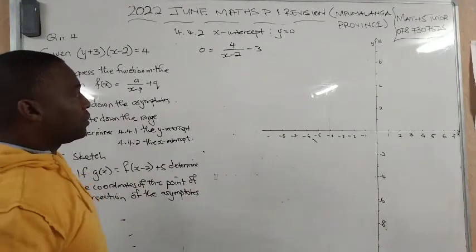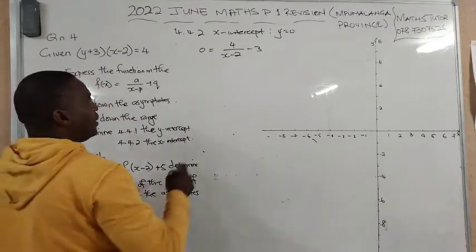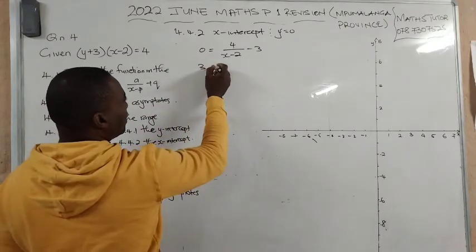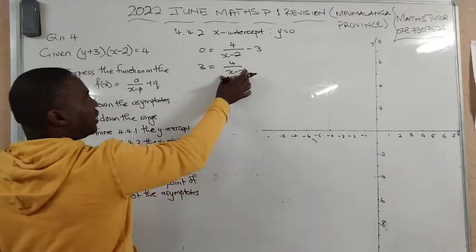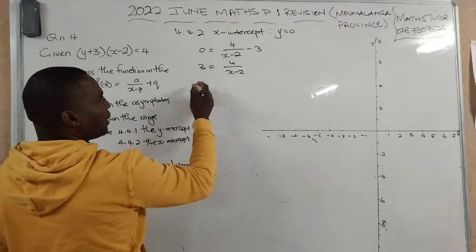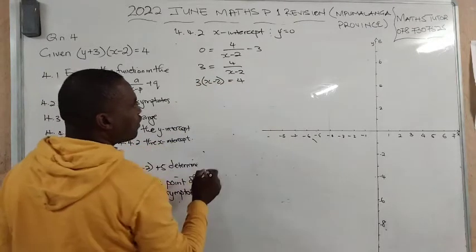You must be really good with solving this equation. You can take minus 3 to the left side, it will be 3 is equal to 4 over x minus 2. Then you multiply both sides by the denominator x minus 2, so it's 3 into x minus 2 is equal to 4.